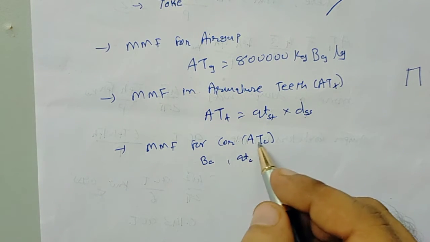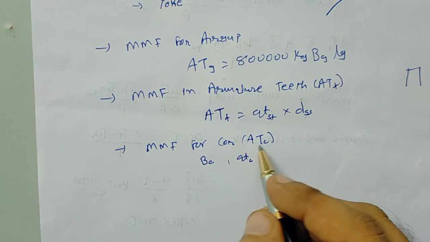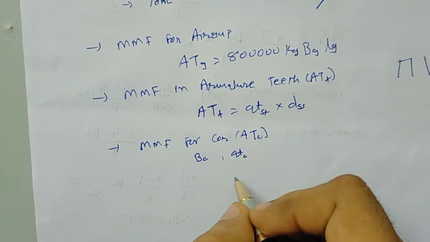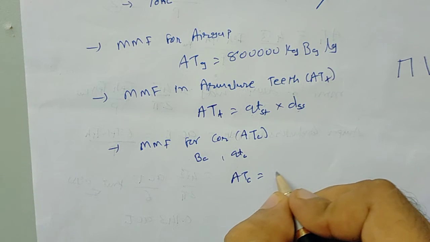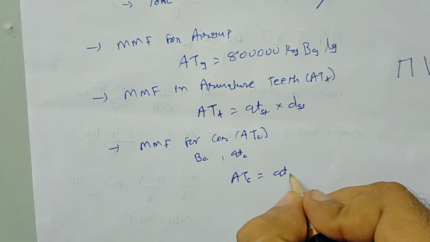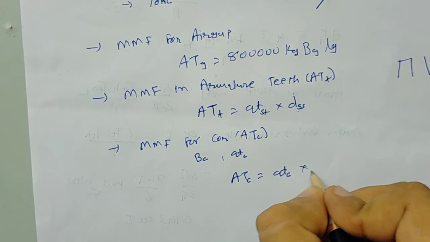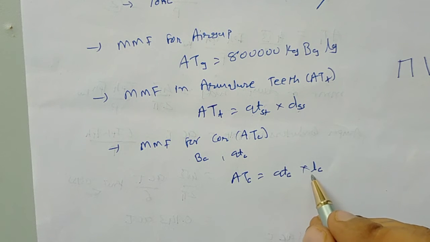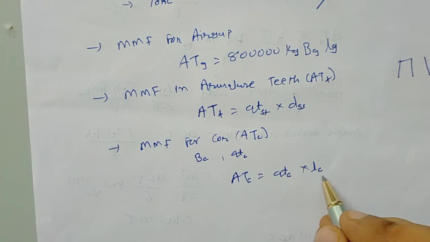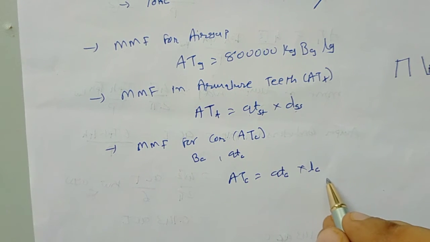From these two we can find the ampere turn like this: ampere turn of the core, ATc, into Lc, where Lc is the flux path in the core, or the effective length where the flux is going to select its path.